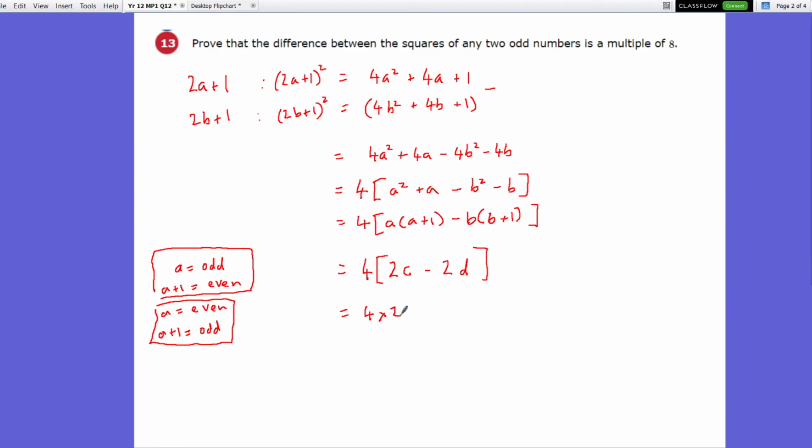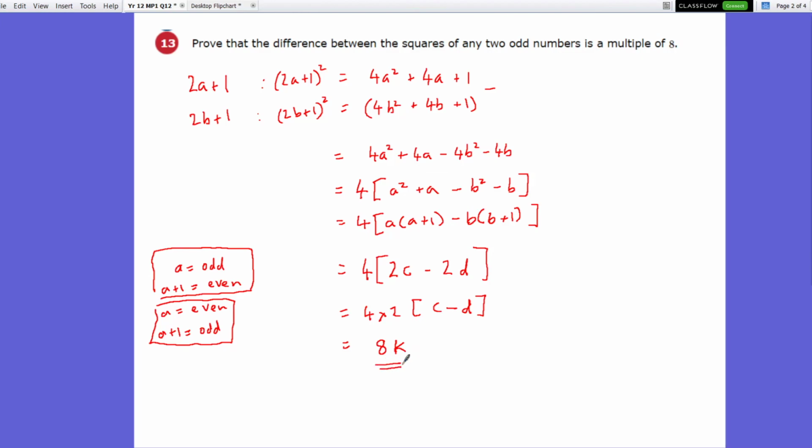We take that multiple of 2 out, and inside we've got an integer, where c take away d is some integer value. Okay, so we're going to end up with 4 times 2 is 8, and let's just call that k.